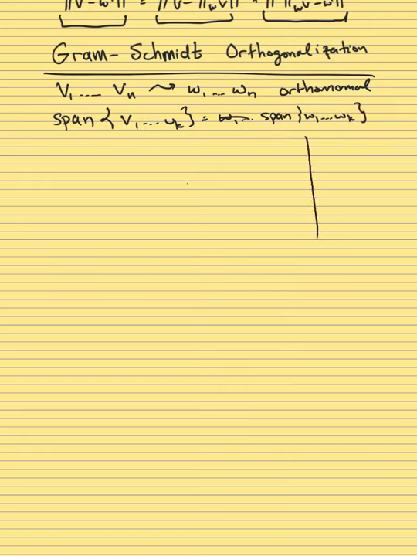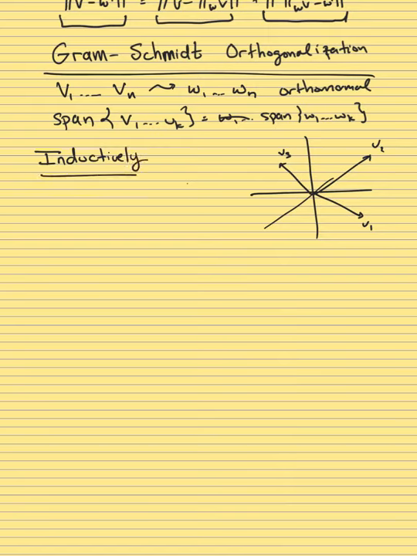So let me just draw the picture. I take any random basis, v1, v2, v3, and I somehow want to produce an orthonormal basis out of this. This is done inductively. It's an inductive procedure.